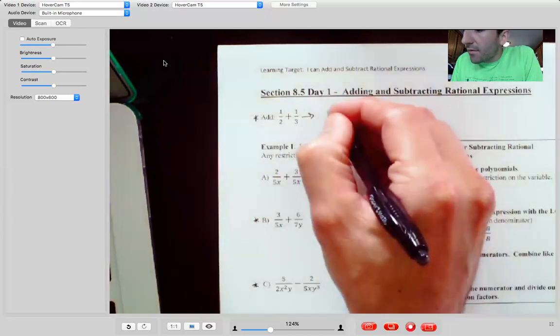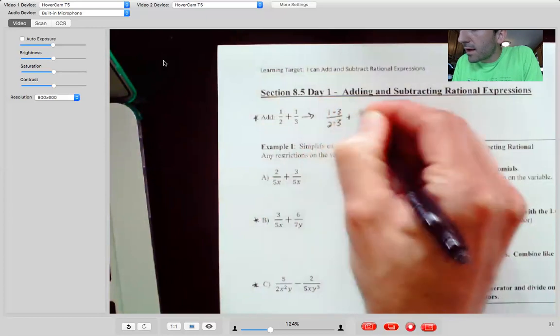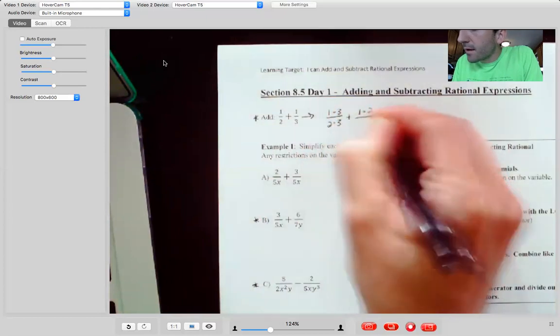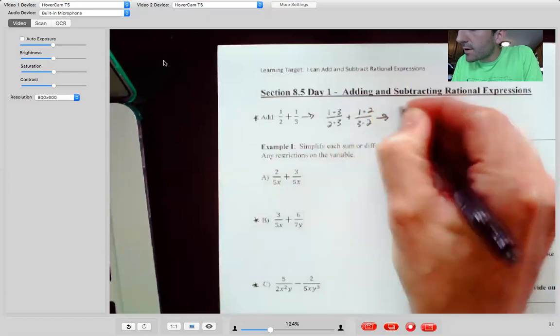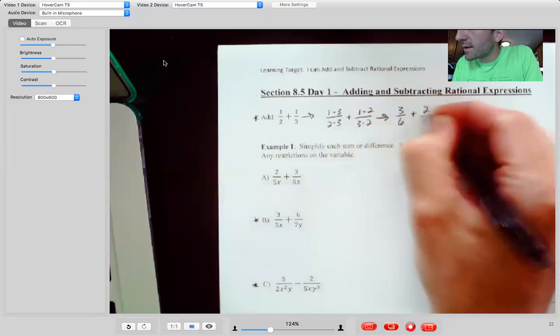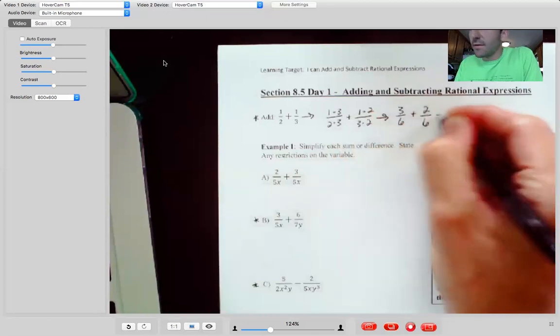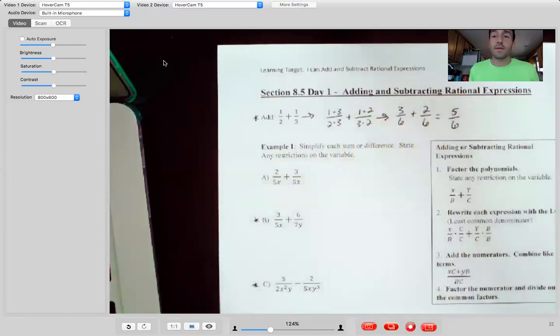So we're going to have 1 times 3 over 2 times 3 plus 1 times 2 over 3 times 2, which is 3/6 plus 2/6. And then, of course, that's equal to 5/6. That's basically what we're doing, except ours are just a little bit more complicated.